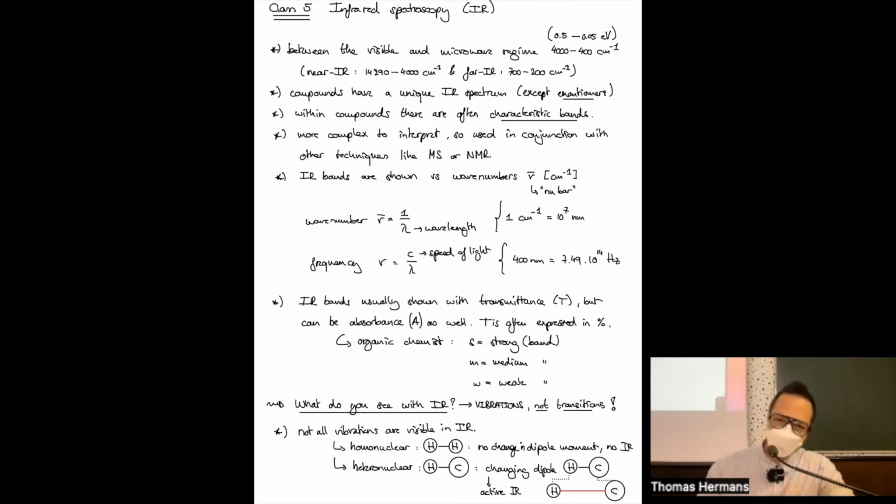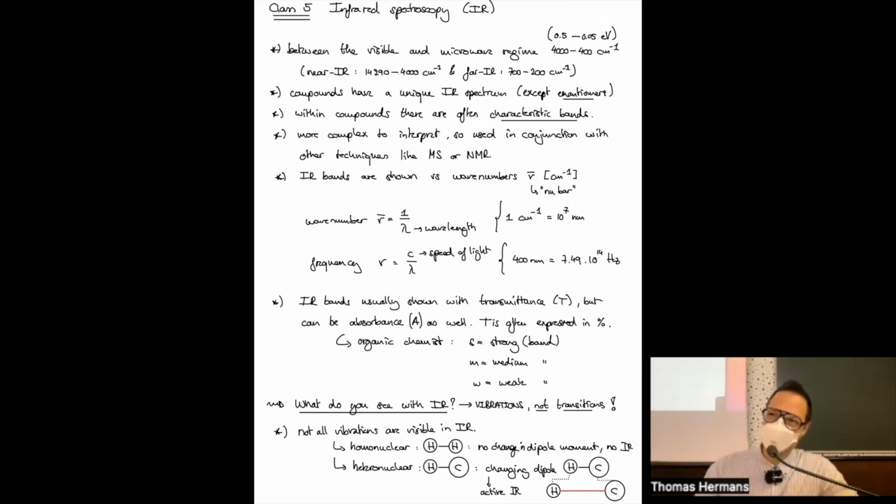IR looks at vibrations, and they are between the visible and microwave regime. So it's from 4,000 till 400 inverse centimeters. So this is wave number. We'll get back to what that exactly means.